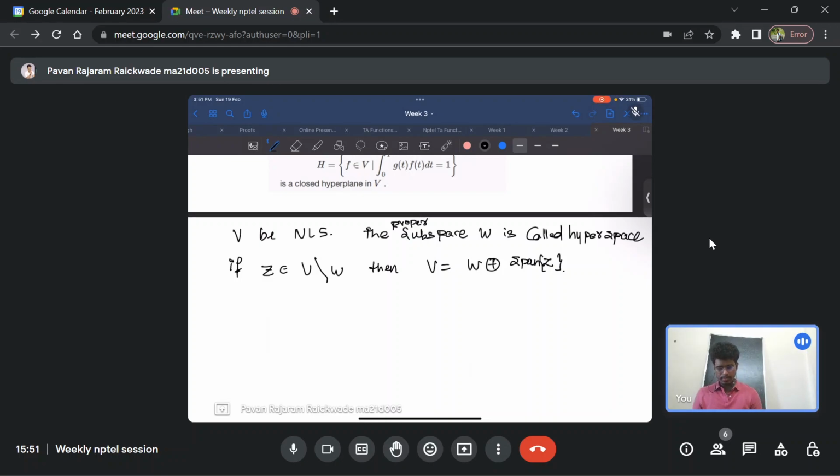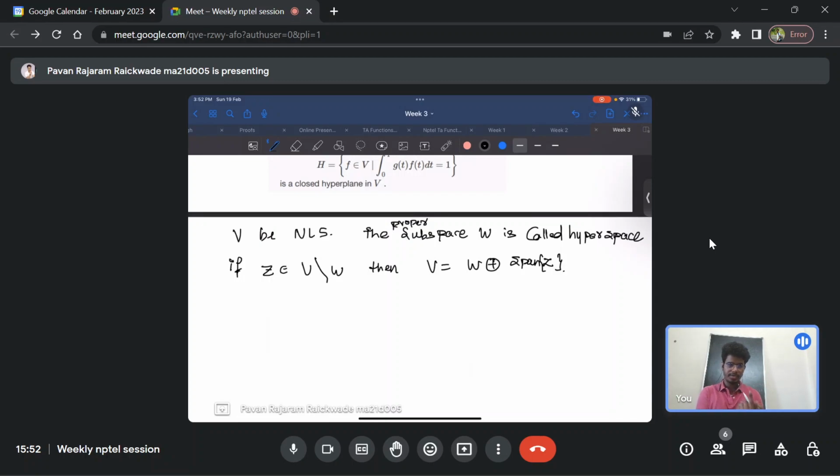The other definition is simply that W has to be the null space of a linear functional. For a non-zero linear functional, its rank will be one, because it goes into the reals. By the rank-nullity theorem, the dimension of the null space is just one less than the dimension of the whole space.